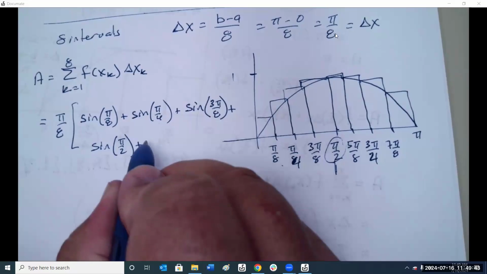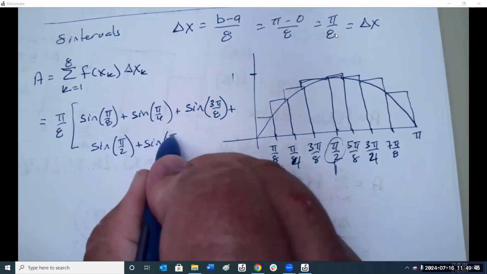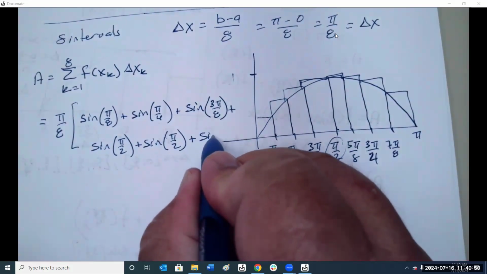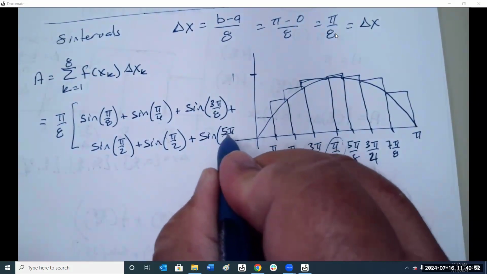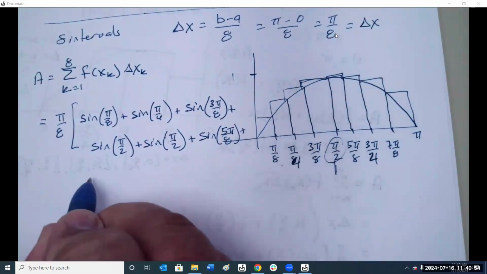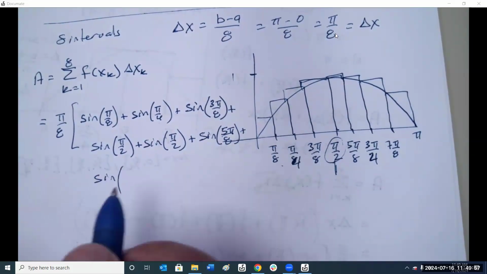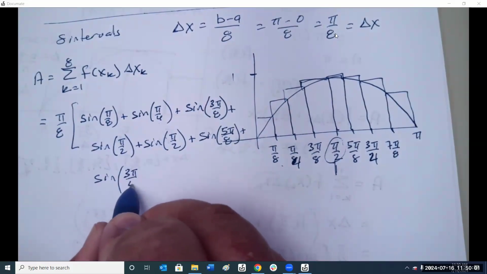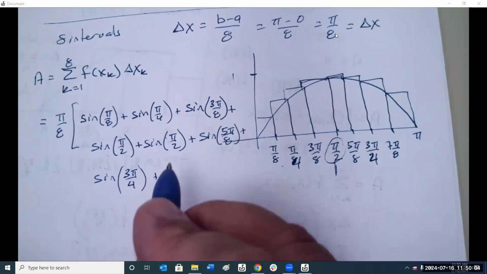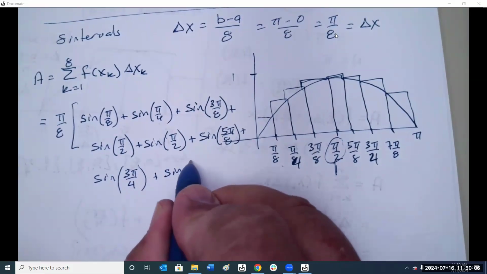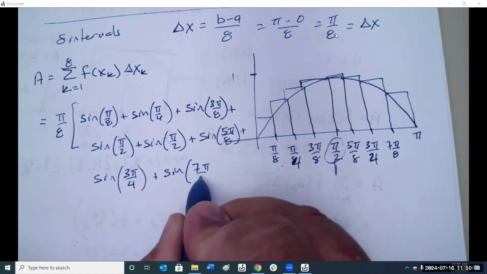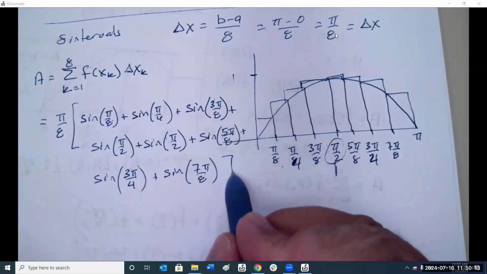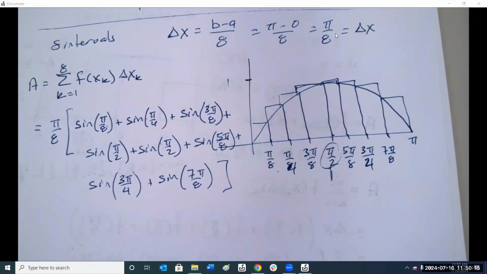Since that's the middle, we got to do it twice. Sine of pi over 2 again. Five pi over 8. Three pi over 4. Seven pi over 8. We have to have 8 of them because we have 8 intervals.